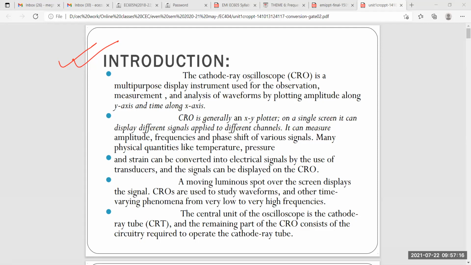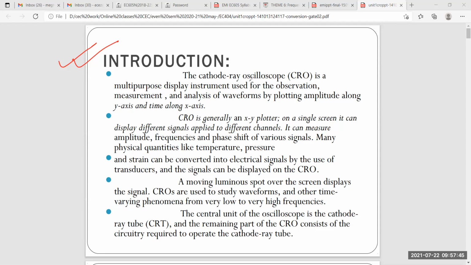What I used to do in my time, we didn't draw the waveform by free hand. Whatever waveforms came on the CRO screen, we used to trace. We had tracing paper, and we used to trace that waveform. That was very much used in my time, when I was doing lab in my higher studies.